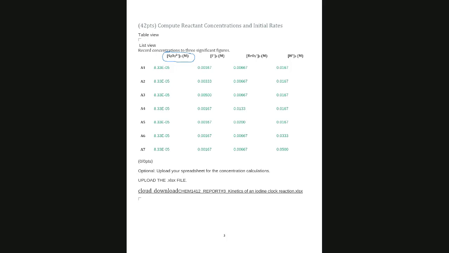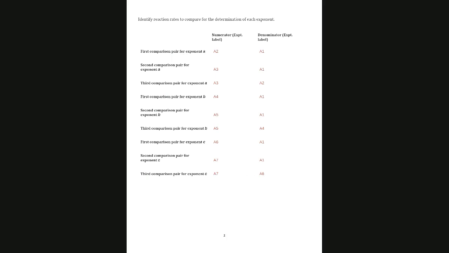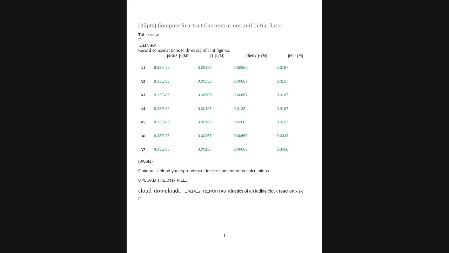So let's see, the first thing, okay, they give you this. Second, they ask you to calculate the initial concentrations. This is clear. We saw it's just a dilution. And then you have all those initial concentrations down.